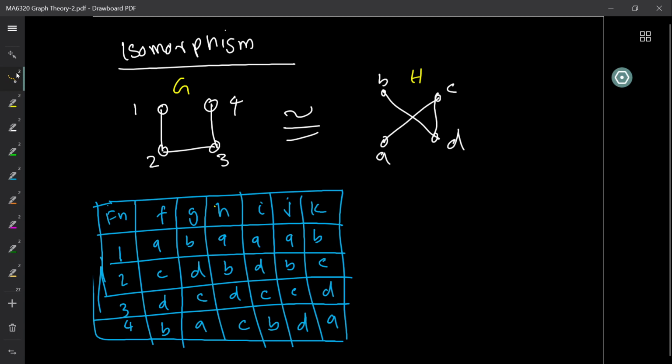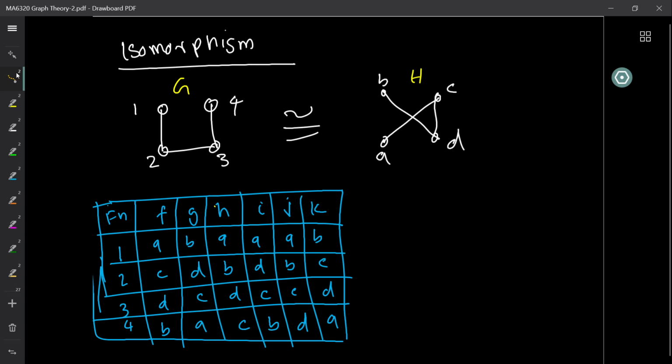So then we can try to see if there is any bijection which takes edges to edges and non-edges to non-edges, right? So what we do here is just to look at several possible bijections and then see if any of them leads to an isomorphism.